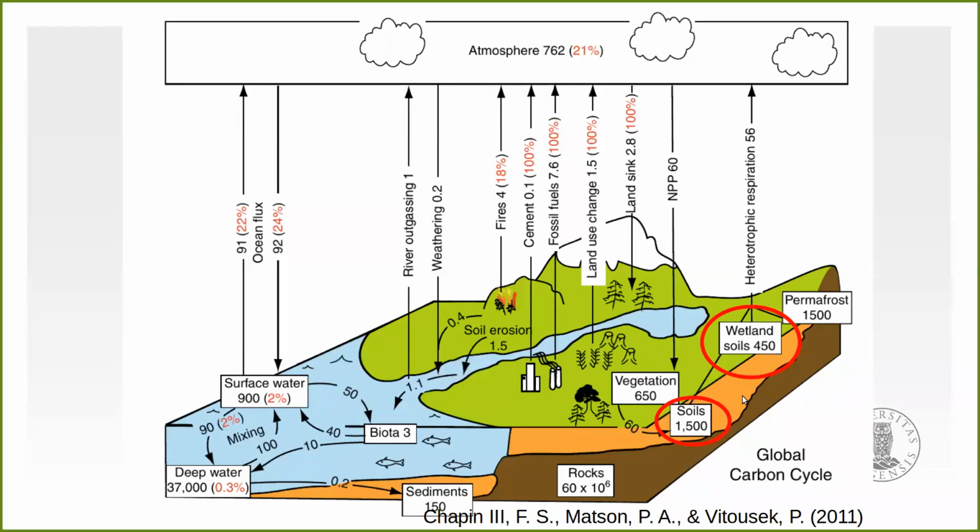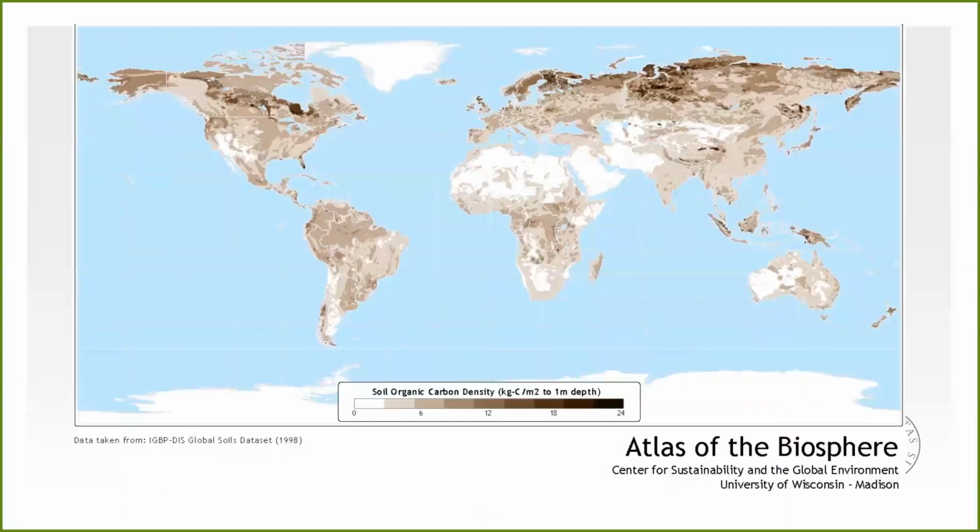Now, if we look at the soils together, so I've put the wetland soils and the other soils together, we see that it doesn't match. So the highest density of soil organic carbon is in the cold ecosystems, where the production was actually low. And why is that?